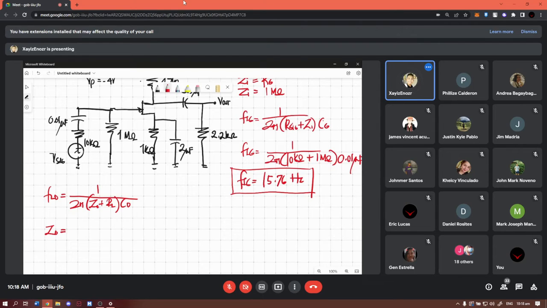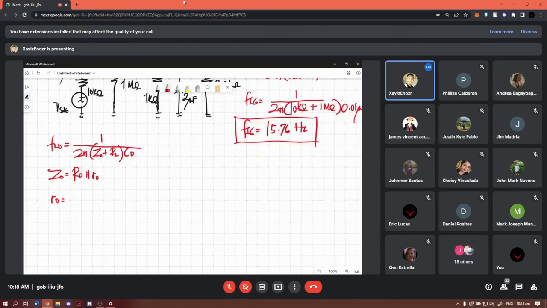Zout = RD parallel with rd. How can rd be determined?